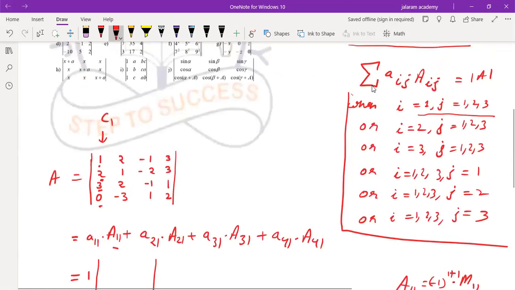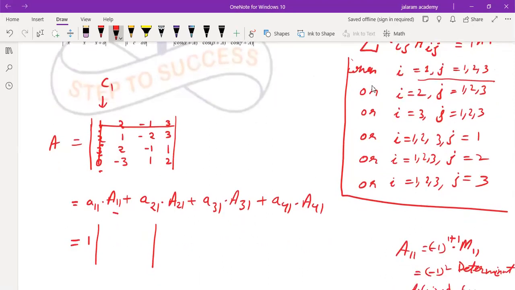Then there will be a determinant of order 3 cross 3. So we write it: 1, minus 2, 3; 2, minus 1, 1; minus 3, 1, 2.